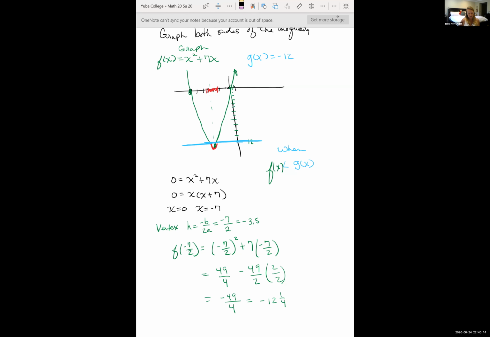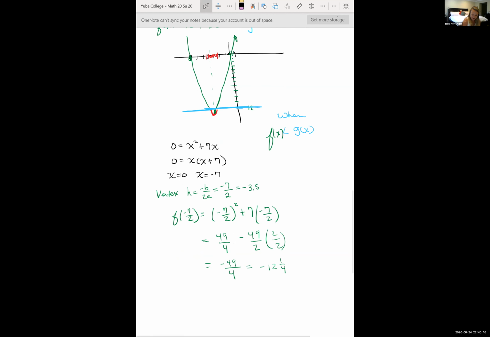So then you have to solve. So to find these values of intersection, so find where the graph or graphs intersect one another.